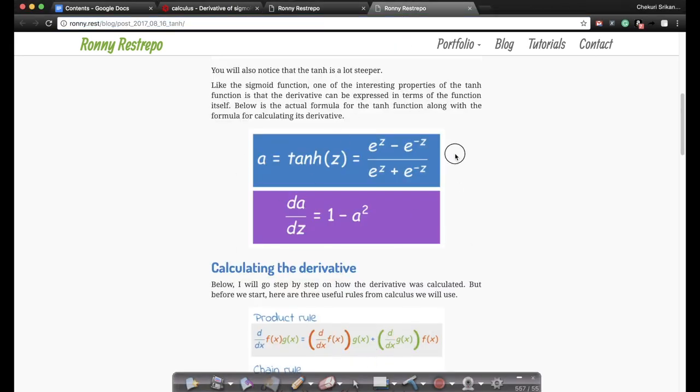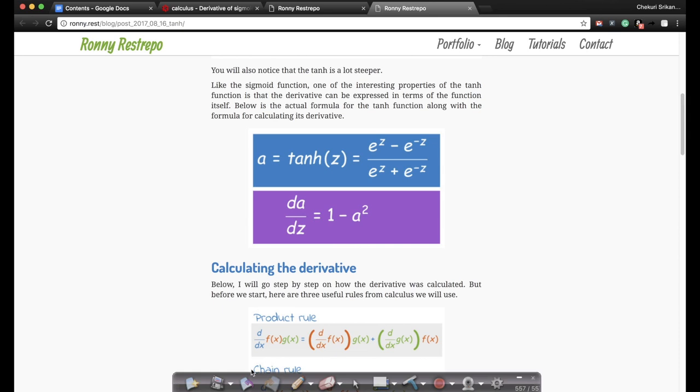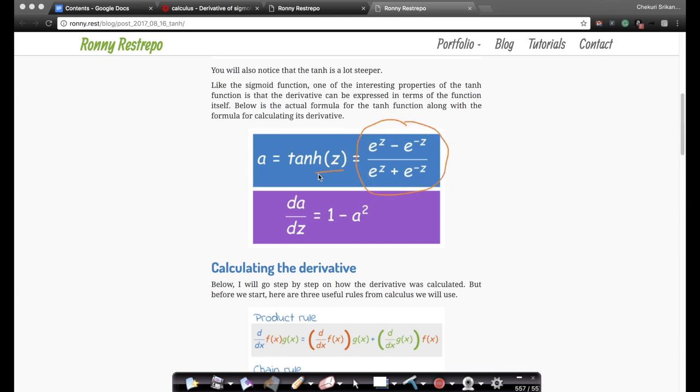The tanH function is somewhat like your sigmoid function, and they both are related. If this is your tanH function, tanH of z, then the derivative of tanH with respect to z is 1 minus tanH square of z.